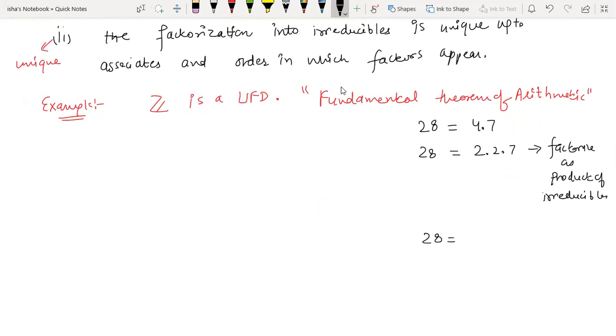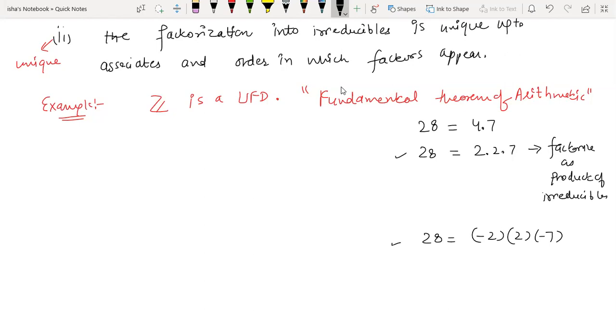I can also write it as minus 2 into 2 into minus 7. It will still make 28. If I factorize it like this, minus 2 into 2 into minus 7, it still makes 28. So you can say this is a different factorization, and that is a different factorization.